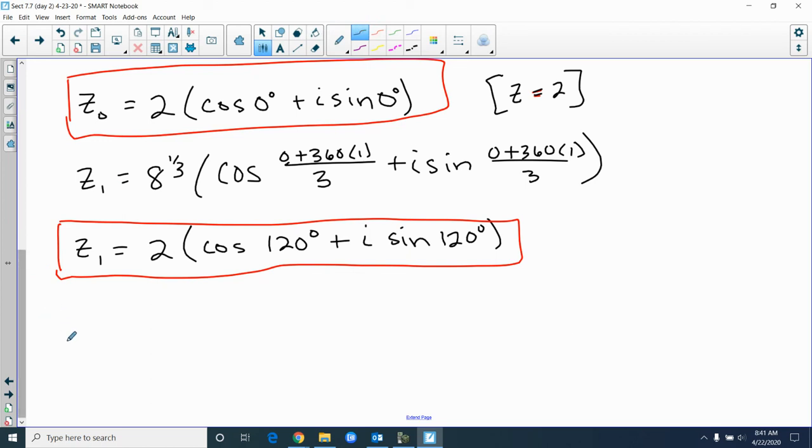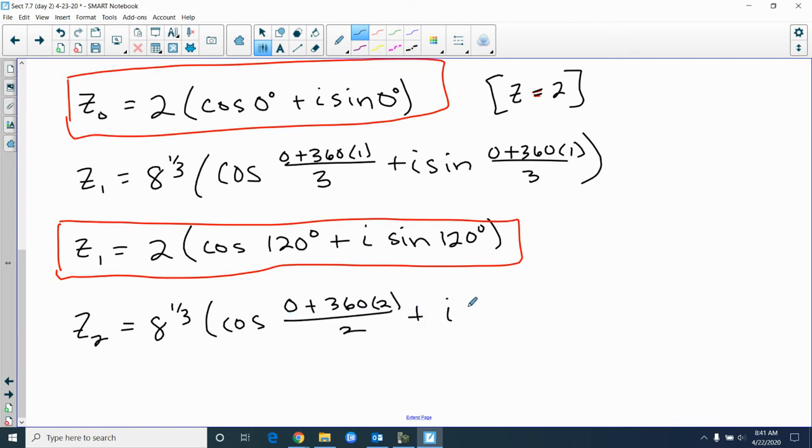And then the last one, z sub 2 is going to be 8 to the 1/3 cosine 0 degrees plus 360 times 2 divided by 3 plus i sine 0 plus 360 degrees times 2, divided by 3. Sorry.